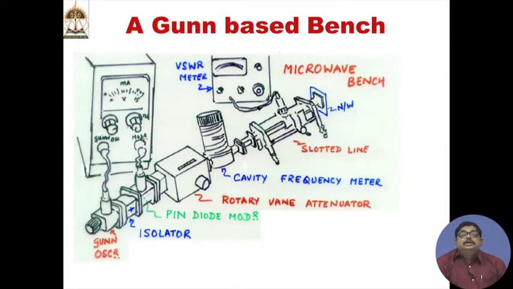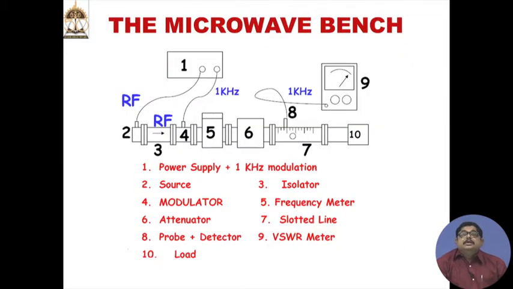Now, this is a Gunn based bench, as I was saying, that instead of Klystron, if you have Gunn, you can do this. But basically, you can see this slide, the same thing that we have shown pictorially. Actually, there is an RF source, but we are detecting that RF source with a diode, as I said, a point contact diode, which is on the carriage.